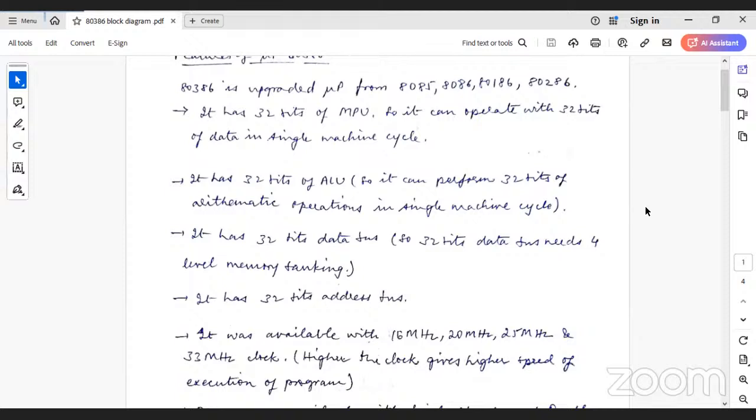Similarly, for a microprocessor also, whatever data you are giving in the program, when it is saved in the memory, it will save only 1 byte. Only 8 bits can be saved.